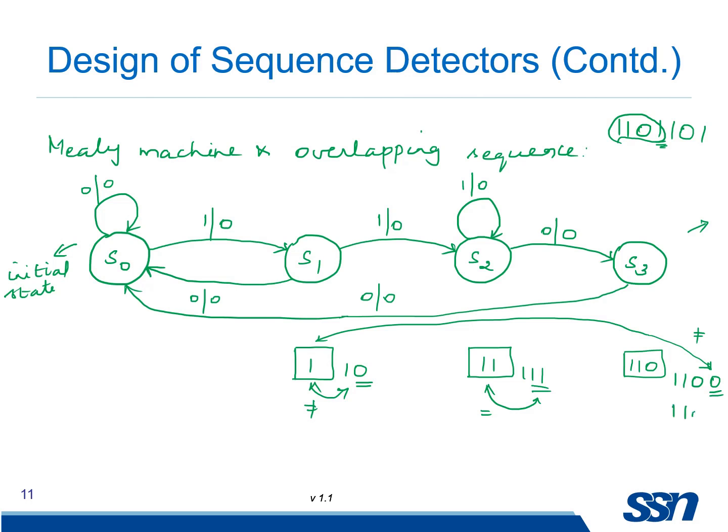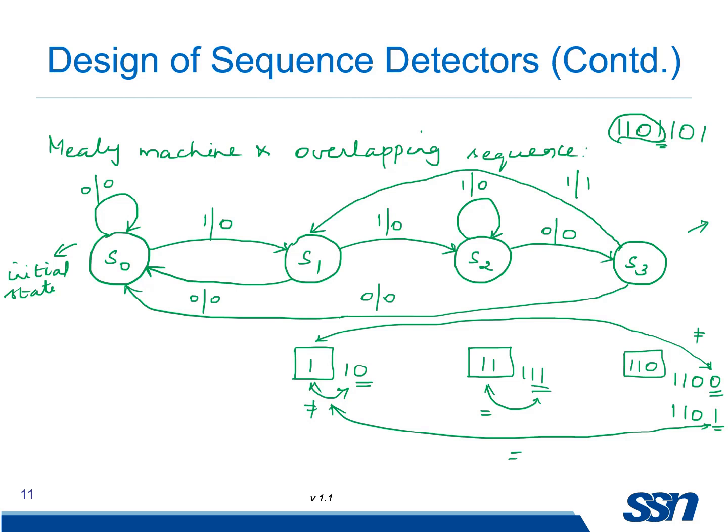And if I receive a 1 after this, as we compare, we see that these two are same. So what we do is we move to this state. Okay, so 1 and a 1. So you can check this as well.